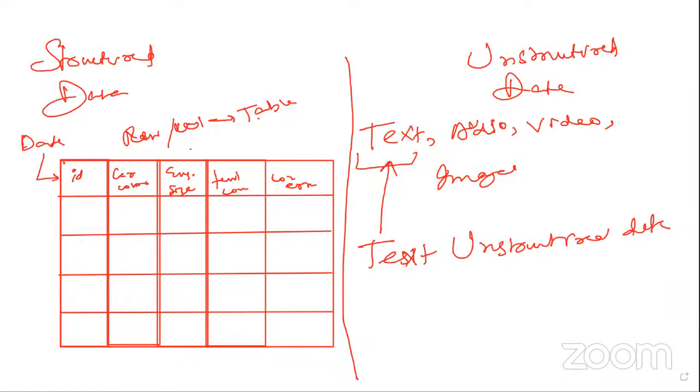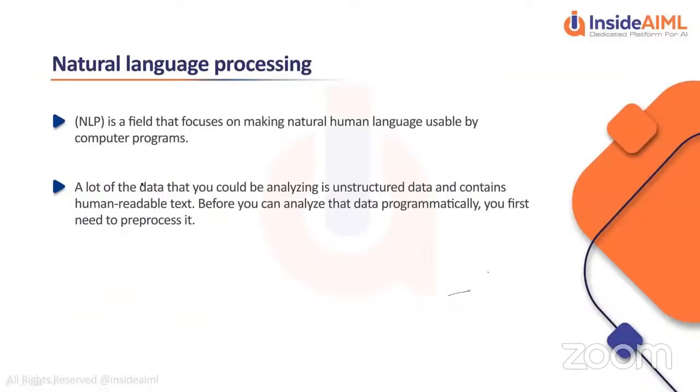If we now look at unstructured data examples, we come across many things. But currently, we are going to deal with text data only. So let's see what the different pre-processing units are in NLP for NLTK. As I said in the second point, a lot of the data we could be analyzing is unstructured data, and it contains human readable text.